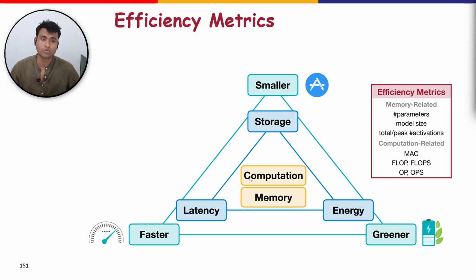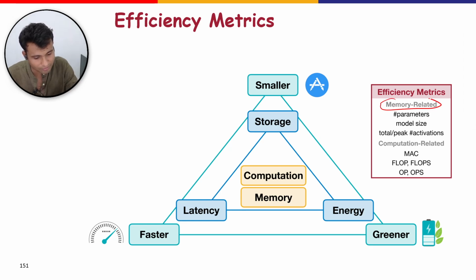Ultimately, it boils down to the computation and the memory requirement. So we have certain parameters with us. The memory related parameters include the number of parameters in the machine learning model which are to be trained, the model size, and the total or peak number of activations.